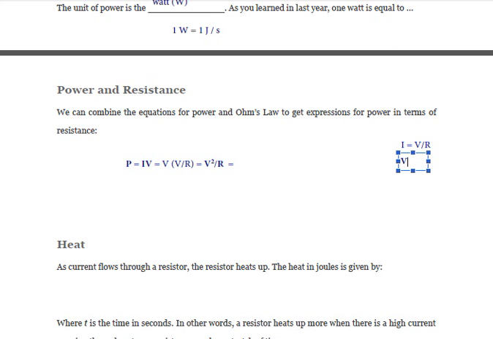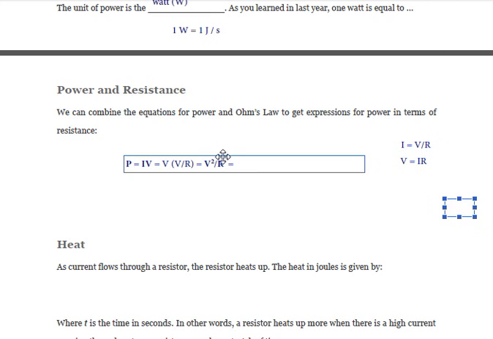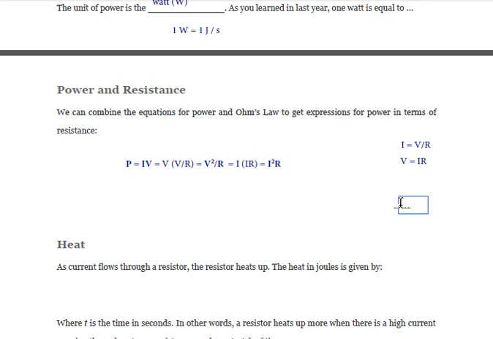Then we have to try and replace V. So V, we know as I times R. If we take that and plug it back in here, we would have I times R times I, or just I squared times R. And that's going to be another bold one, another important one for us. So we have these three different things: P equals I times V, V squared divided by R, and I squared times R. So three different ways we can find power, depending on what information we already know.